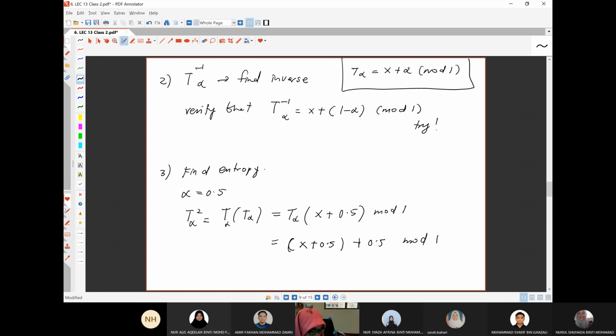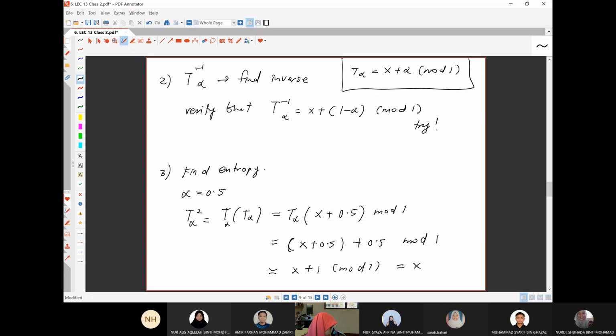Correct? Correct. Okay. So what is your transformation? T square alpha. Yes, you will have x, because x plus 1 is mod 1, right? So mod 1 mod 1 becomes zero. So it becomes x.